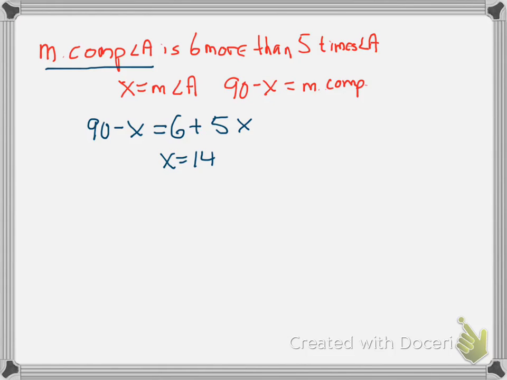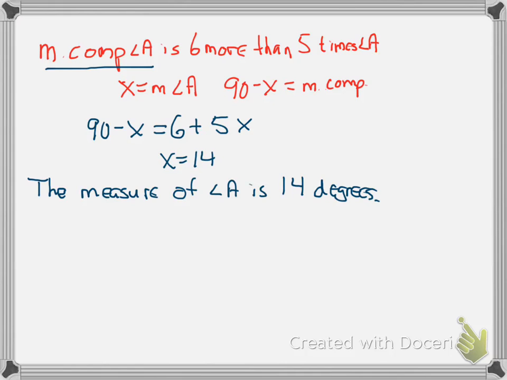Now it wants us to use a full sentence to answer the question. Be careful, please answer the question asked. The question says find the measure of angle A, so you should say the measure of angle A is 14. You could say degrees, but if you just said 14, that would be fine.